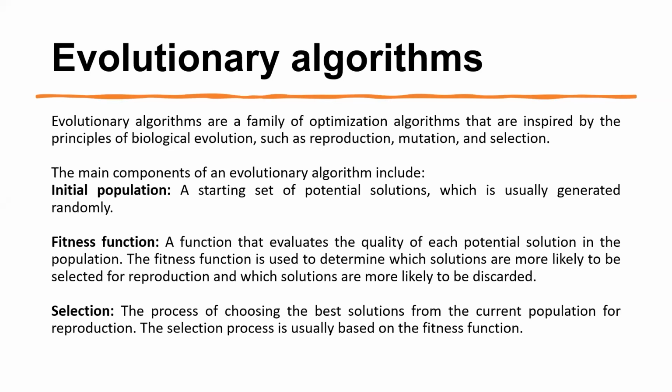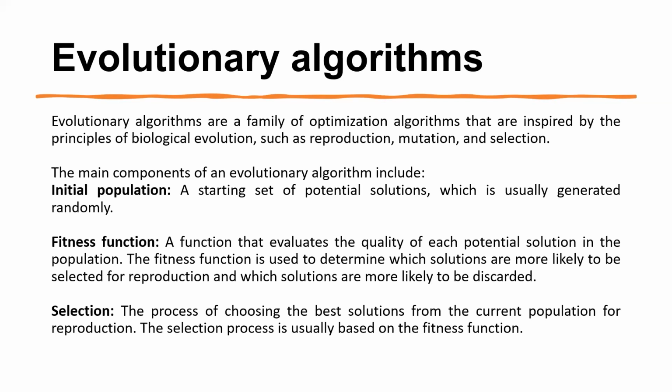So the main components of an evolutionary algorithm include the initial population, a starting set of potential solutions, which is usually generated randomly. So initially you should have a set of potential solutions that you're experimenting on. Those form the initial population.